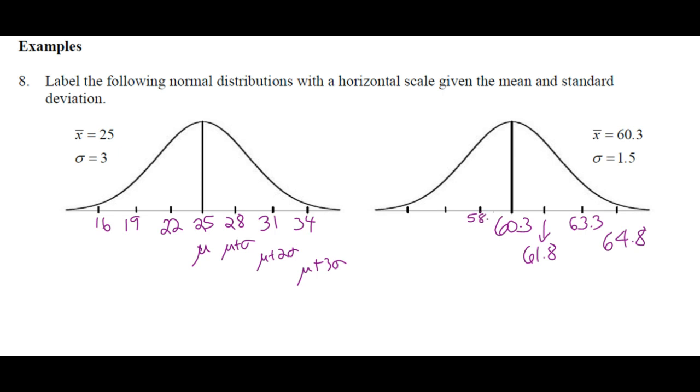You were right. What goes here? 57.3. And what goes here? 55.8. Okay, you got the mental math going on there. It's good. Use your calculators, though. There's no point getting something wrong because you're trying to do it in your head.